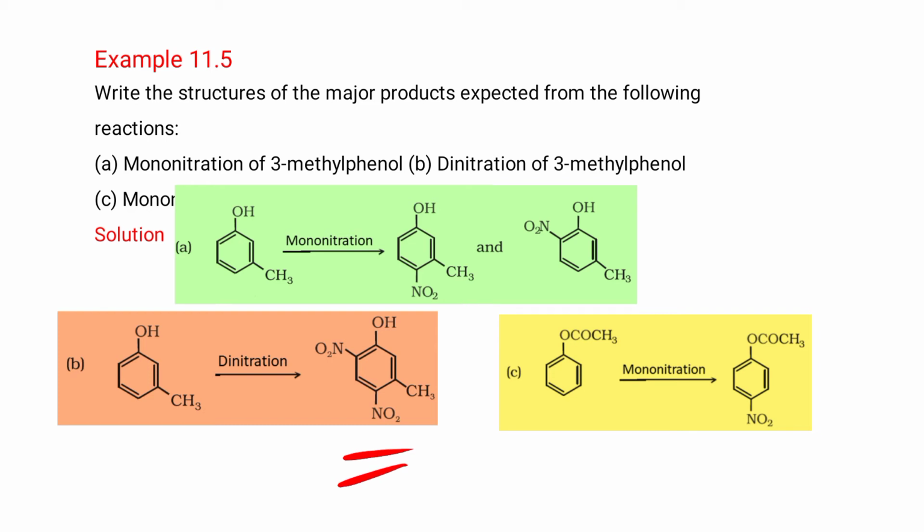So this ortho position and this para position both will be occupied by nitro group, not this other ortho position. The reason is same, because in this position the molecule will feel losing of stability here.